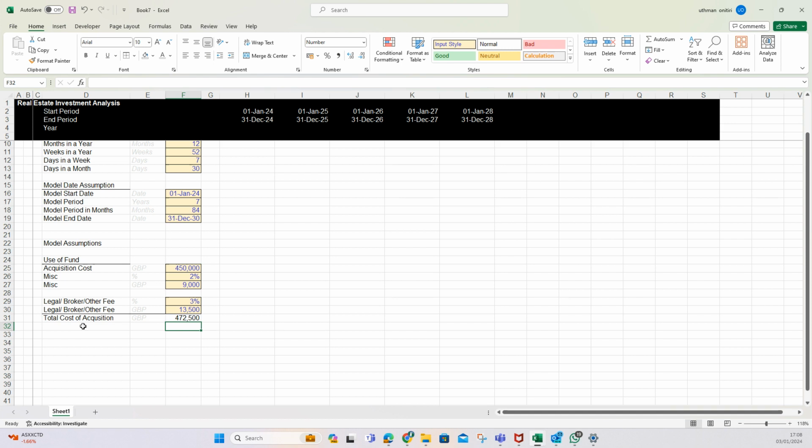So let's take it a bit further. Let's assume you don't have the whole of 472,500. There are cases where mostly what people do is to bring up their own equity portion of the property. Then the remainder portion is financed through mortgage from the bank. There are instances of shared ownership where two, three people can put money together to acquire the property.